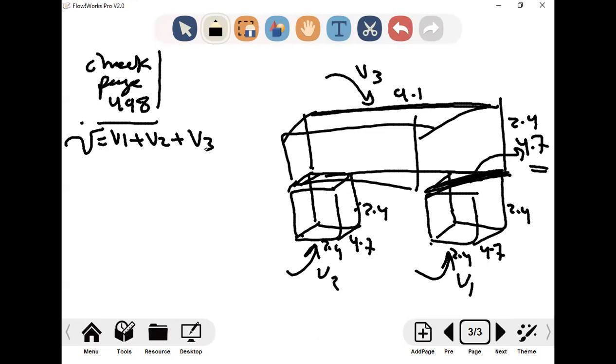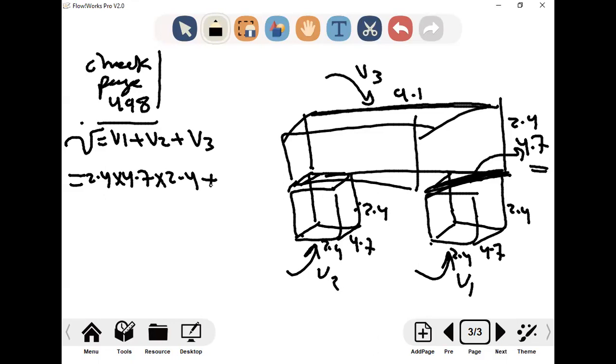All of them are rectangular prisms. And the volume of the rectangular prism is length multiply width multiply height. So the volume 1, length 2.4, multiply width 4.7, multiply height 2.4, right?